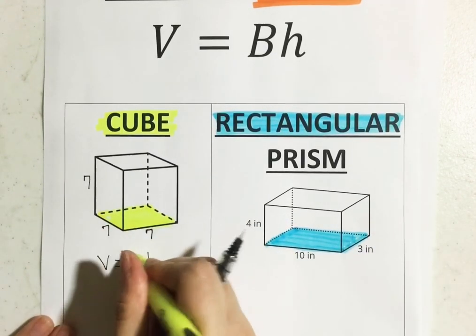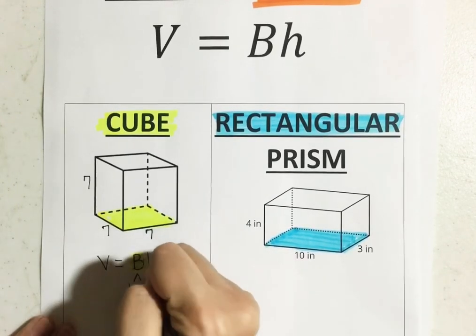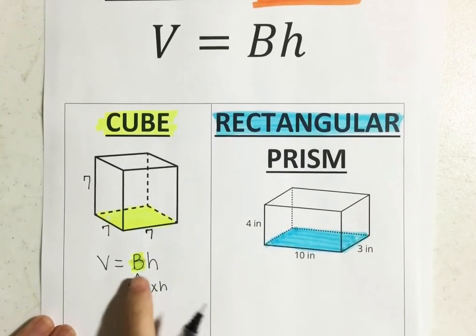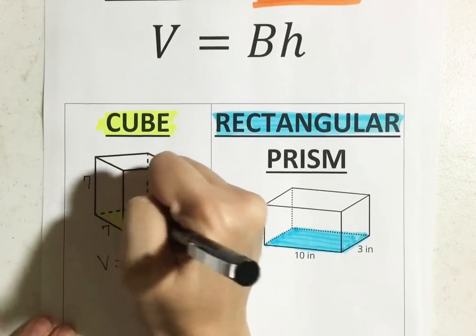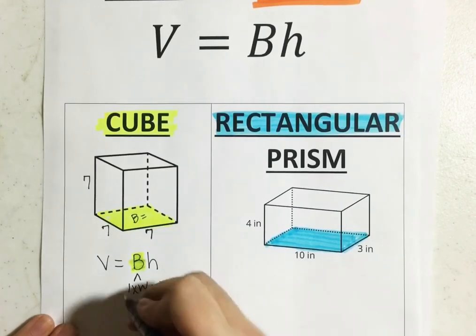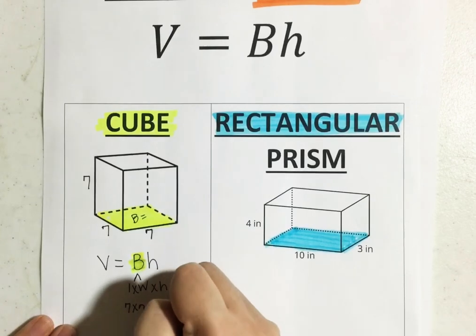Okay, you can rewrite this formula as length times width times height, because when you find the area of your base, it's a square. How do you find area of a square? You're going to do length times width and then just simply multiply the height. So you would do for your base 7 times 7 times 7 for the height.